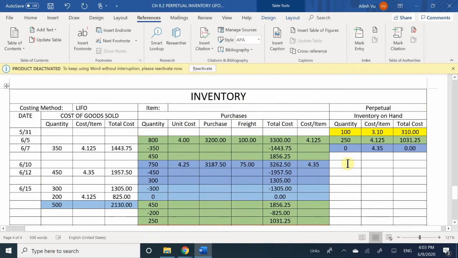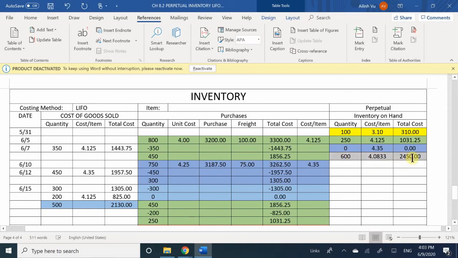Good. Now we need to make sure that we transfer the amount into our inventory. So we got 600 here, and it cost us $4.0833, giving us a grand total of $2,450. So good.